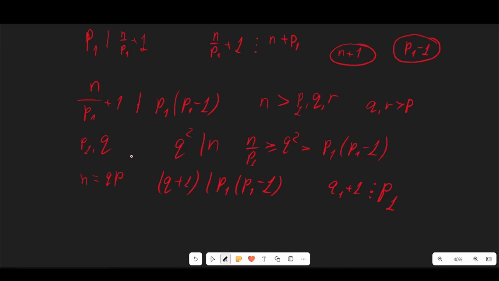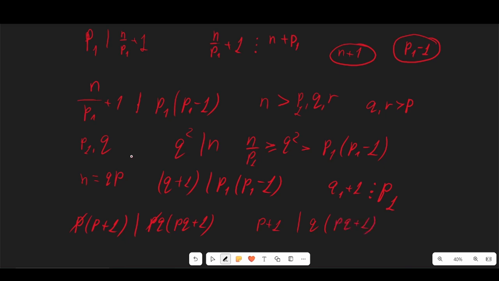And now, what will we get if we choose divisor p? So p times p plus 1 must divide pq times pq plus 1. Let's erase p. So we will get that p plus 1 divides q times pq plus 1.